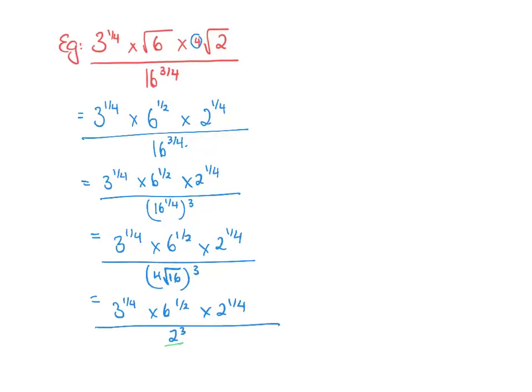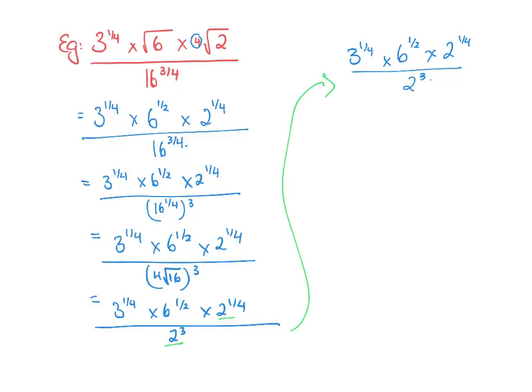Now that these are matching bases and they're dividing, we can work them out. I'm not doing anything with the 3 to the quarter times 6 to a half, times 2 to the quarter, over 2 to the 3.